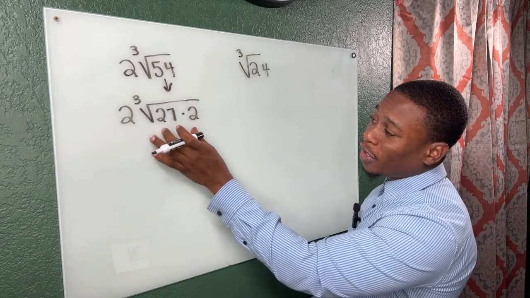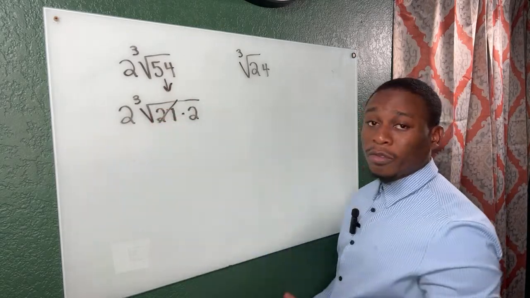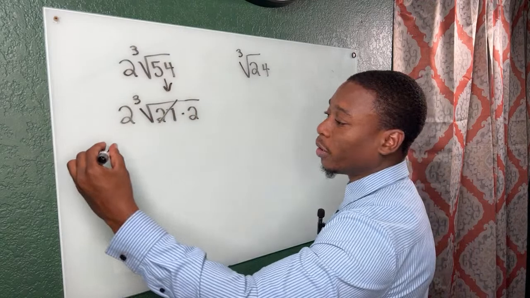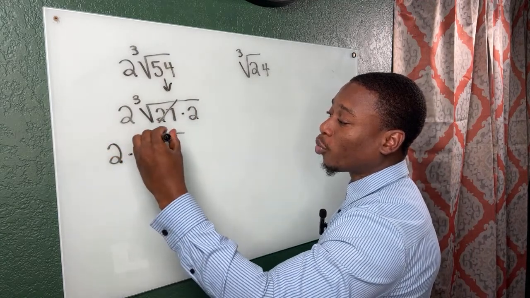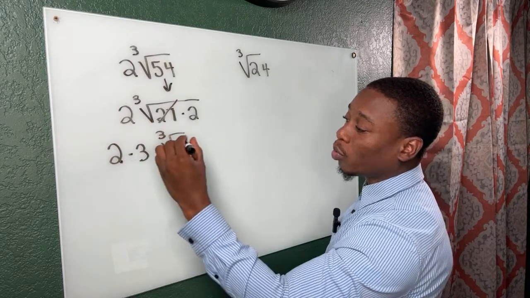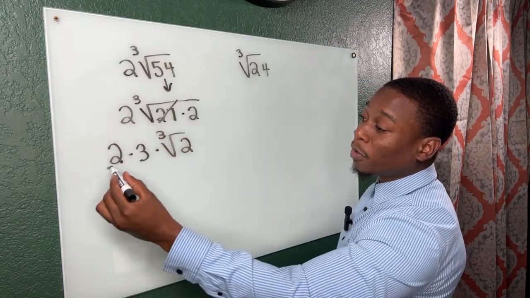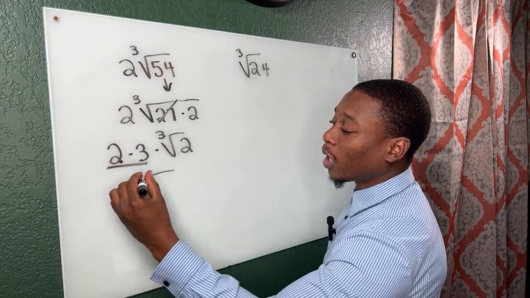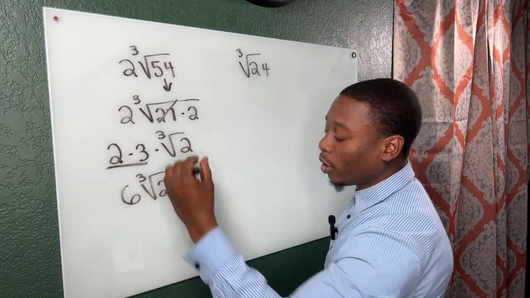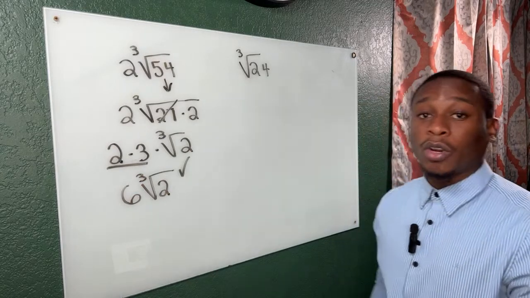Now, when I look at both these numbers, this is the only perfect cube, and its cube root is 3. So this turns into 2 times 3 times the cube root of what's left under the radical, which is 2. When we simplify by multiplying these two outside numbers, we're going to have 6 times the cube root of 2 as a final answer, and that is correct.